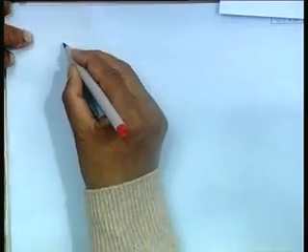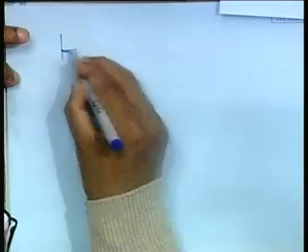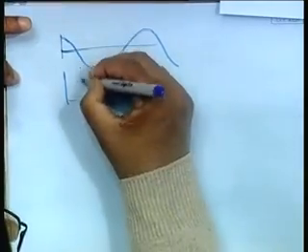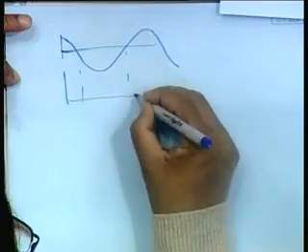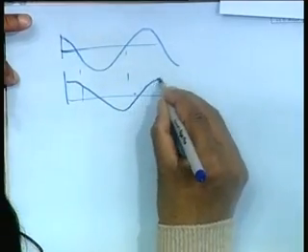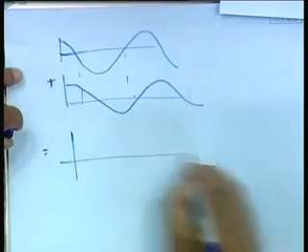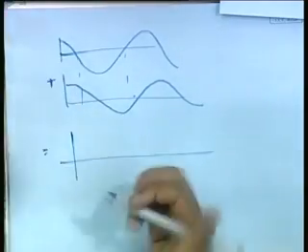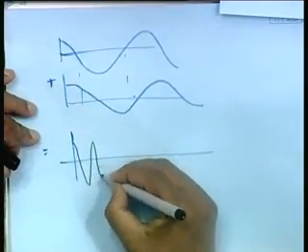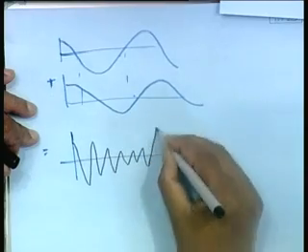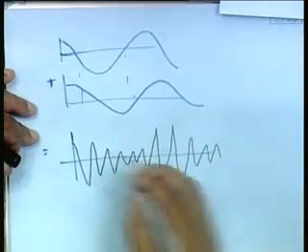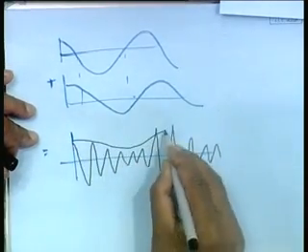In other words, if I were to add this wave and the other one which is slightly different, what I end up getting is actually a wave which will look something like this, which has an envelope.